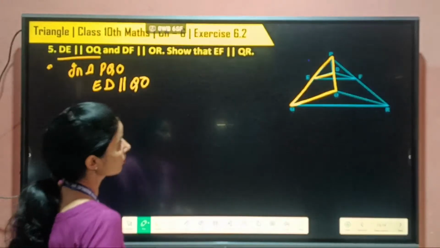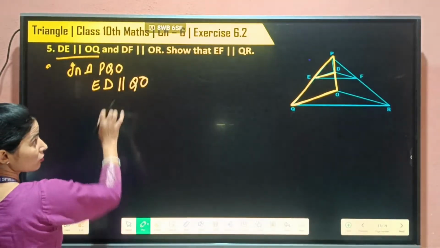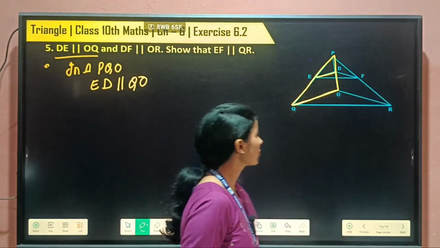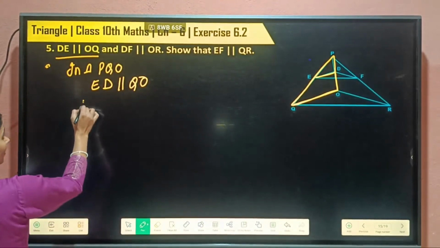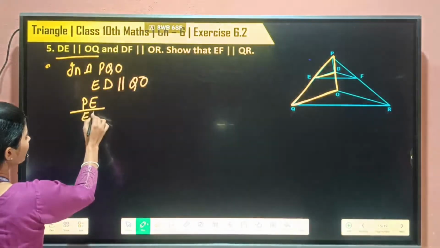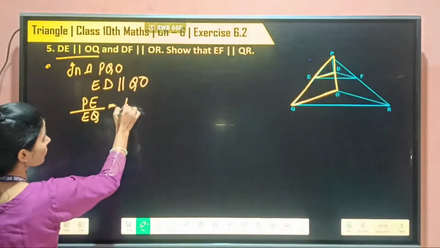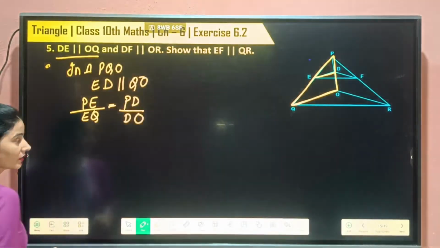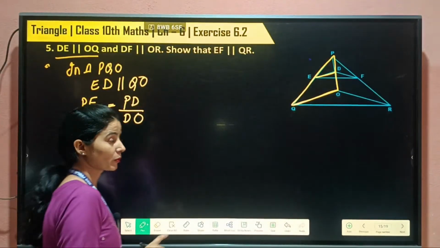Now, if these two lines are parallel, ED is parallel to QO, so I can write PE by EQ equals PD by DO. This ratio will be equal by basic proportionality theorem.